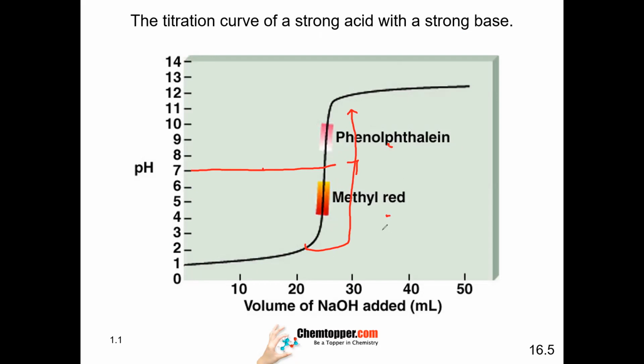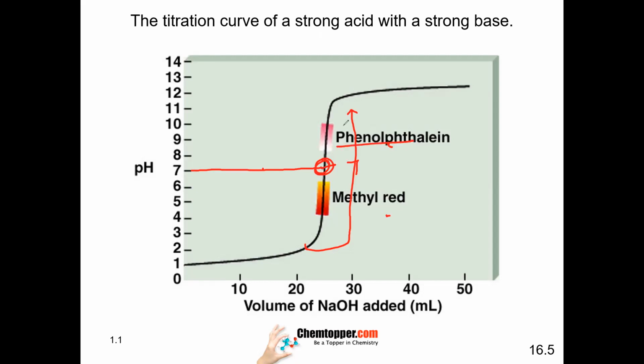So all the indicators cannot work for every titration. You cannot say that I can use any indicator. No, you have to select based on the pH of the equivalence point. You have to see that, okay, the pH will be neutral. So I'll take some indicator which can show me a big change in the color at the equivalence point.